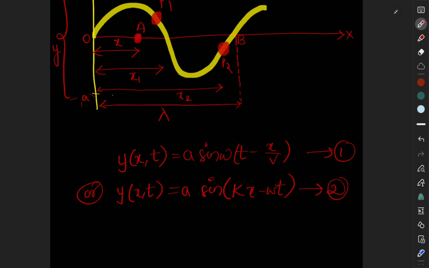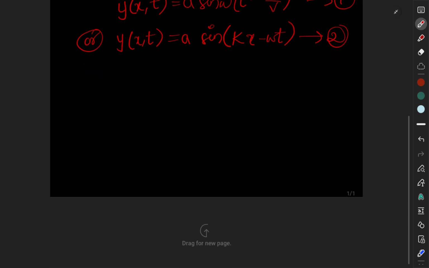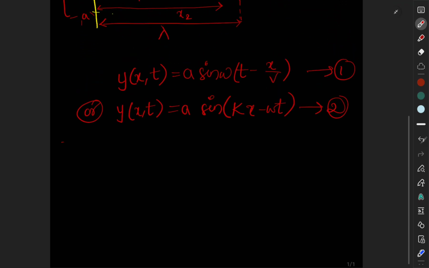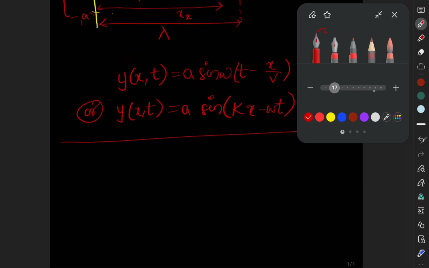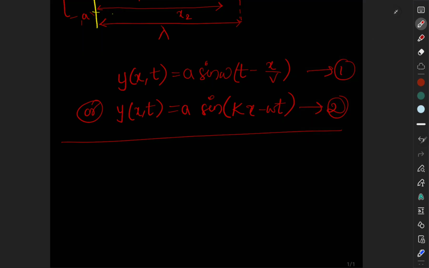Now let us see the relation between phase difference and path difference. To relate phase difference and path difference, we should concentrate on two particles, that is P1 and P2, that we have drawn just now on the wave, which are at a distance x1 and x2 from the origin.